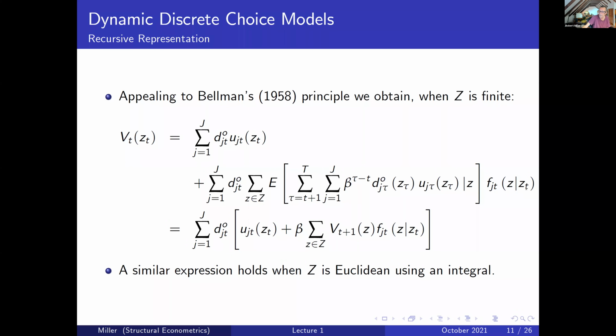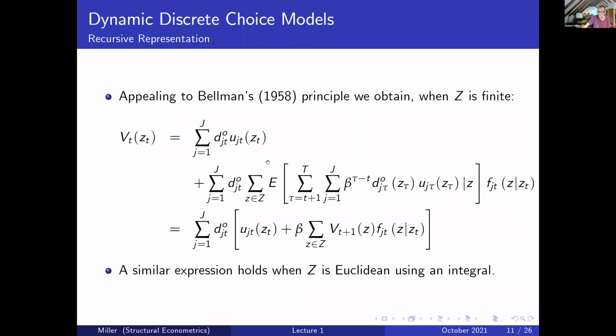Here's t. You're going to take an action j at this point, and that's going to lead to a new z next period. Next period, they'll be conditioning on that z. We don't know what it is yet, so we're integrating over it, okay?